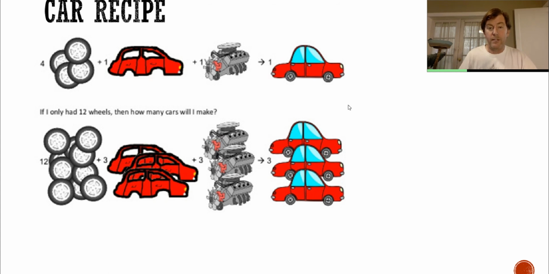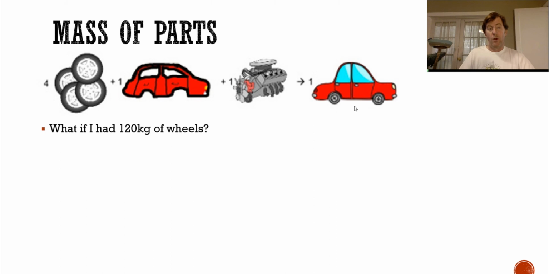Well, what if I gave you a different piece of information? What if I told you I had 120 kilograms of wheels? The ratios here, this 4-to-1 ratio, wheels to chassis, is not by mass. The wheels are not necessarily 4 times heavier than the chassis.